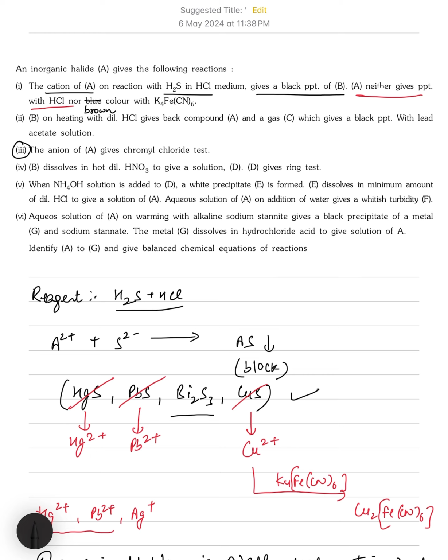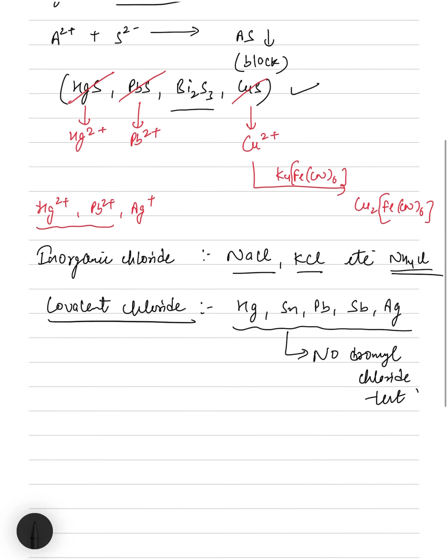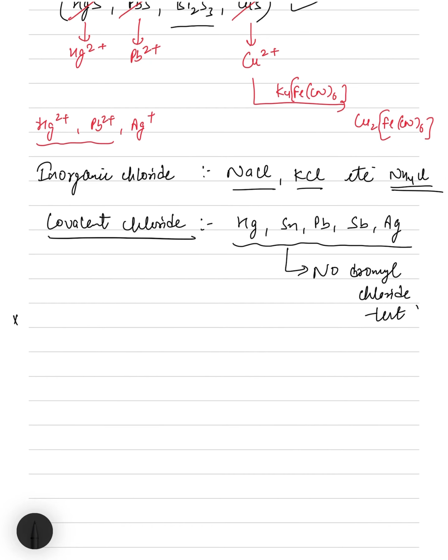Now the cation of A on reaction with H2S in HCl medium gives a black precipitate of B. That means we are talking about the compound BiCl3. This is our compound A, which gives us the Bi3+ ion.